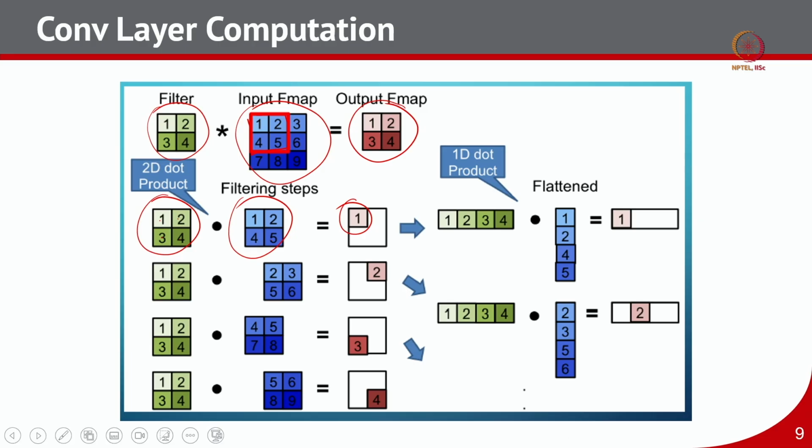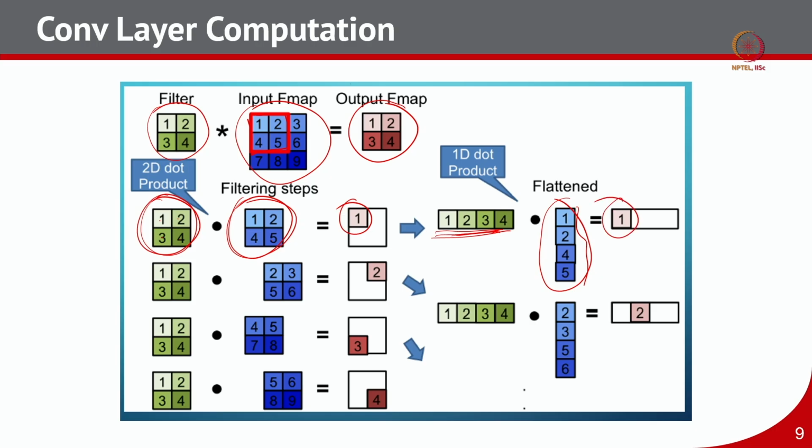If we flatten the kernel 1, 2, 3, 4 into one row vector, it gets multiplied with a column vector, which is the flattened version of the first patch of the input image. These 4 elements are multiplied element-wise with those 4 elements, and then added to obtain the first pixel of the output, correct.